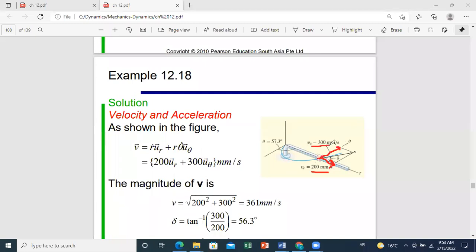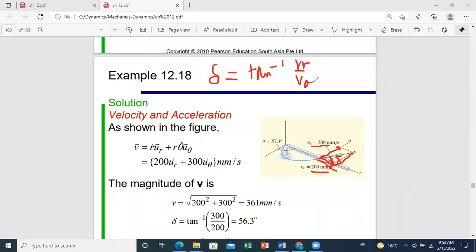And then we can now find what is the angle between V and UR. Let us call this angle delta here. So we can say that delta is tan minus 1 of, if we look at our figure, this side, which is V theta over VR. Here, no need to take the absolute value because they are already both positive.